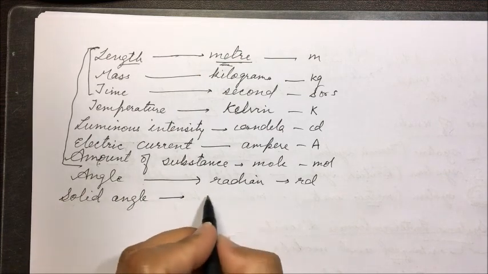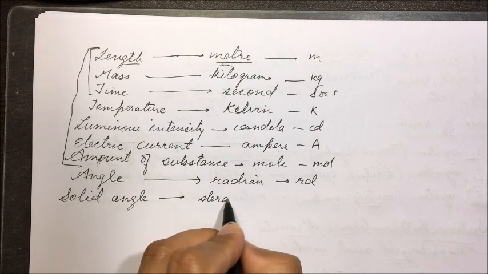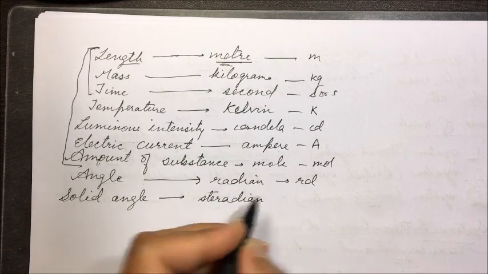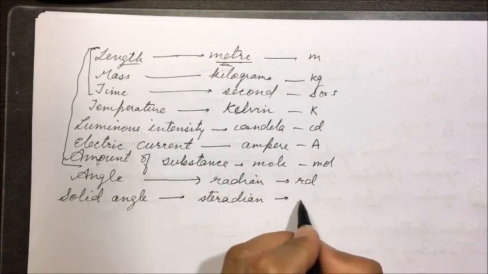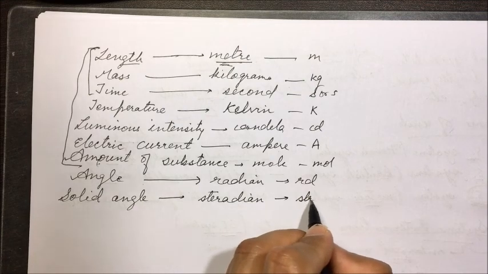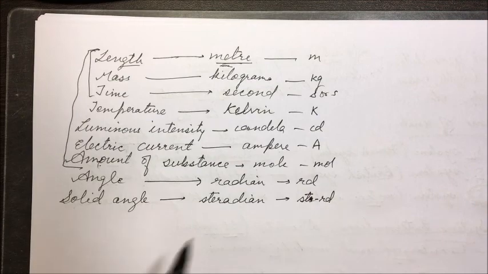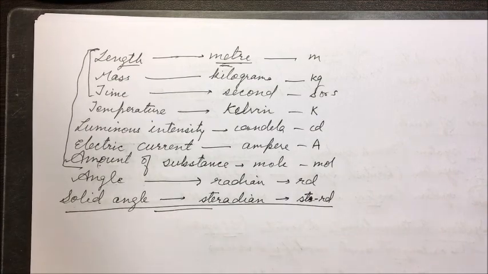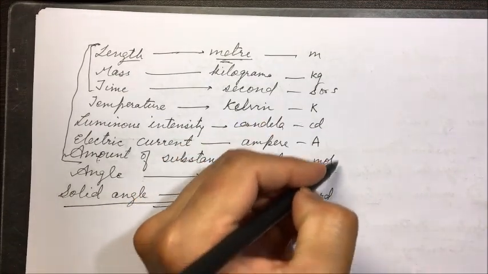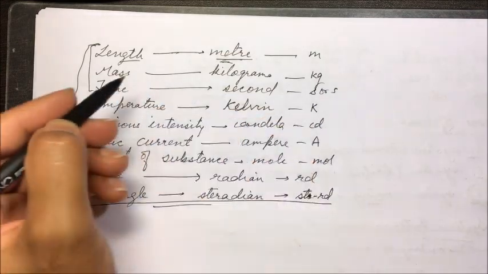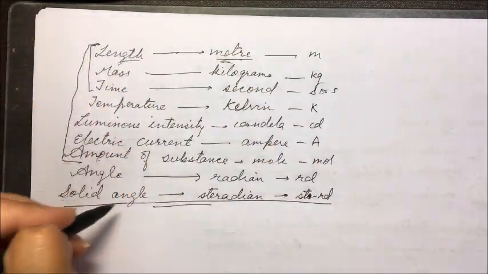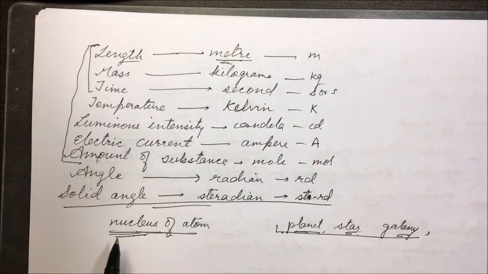For measuring this we have defined steradian, and the symbol is sr. So these are the fundamental units defined to measure these fundamental quantities.